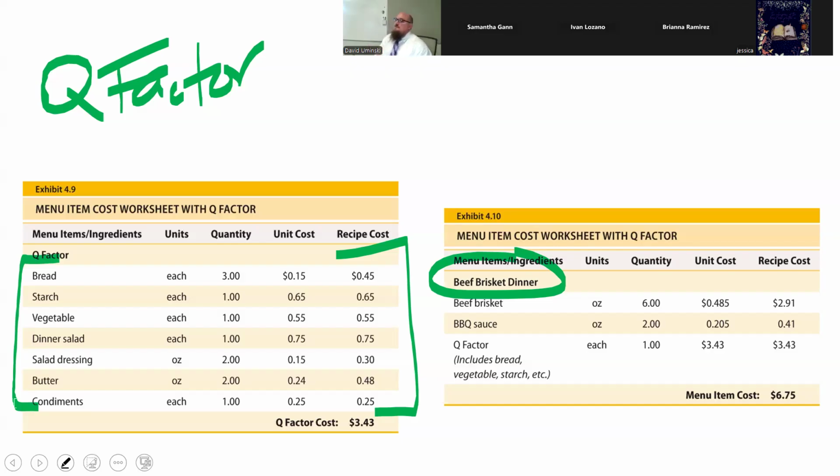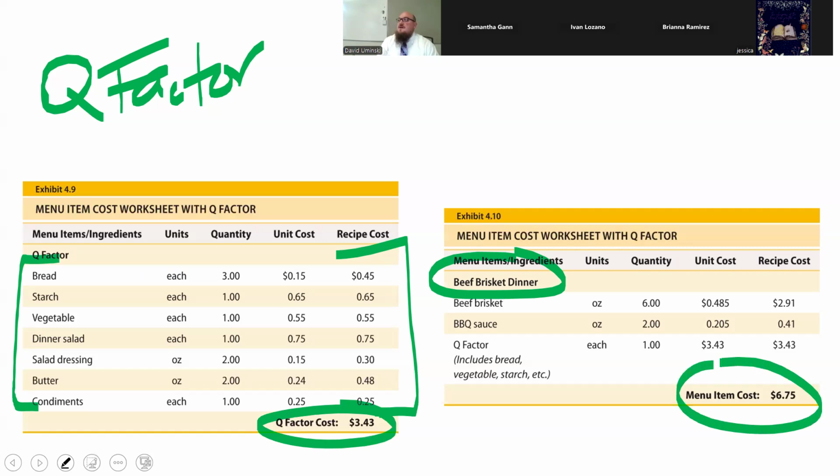And that's what's called the Q factor. So we can just add that all up. Then when I'm pricing things out, the only thing that's changing is our protein. So we might have a menu cost for our brisket plate, but maybe a different menu cost for ribs, for sausage, for smoked turkey, right? The protein changes, but everything else stays the same as far as what you get with that meal.